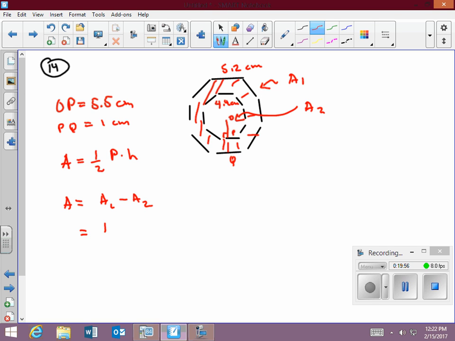So A1 is 1/2. The perimeter is going to be, that's an 8-sided figure, right? Yes. 8 times 5.2. And then the height is the sum of 5.5 plus 1.5.